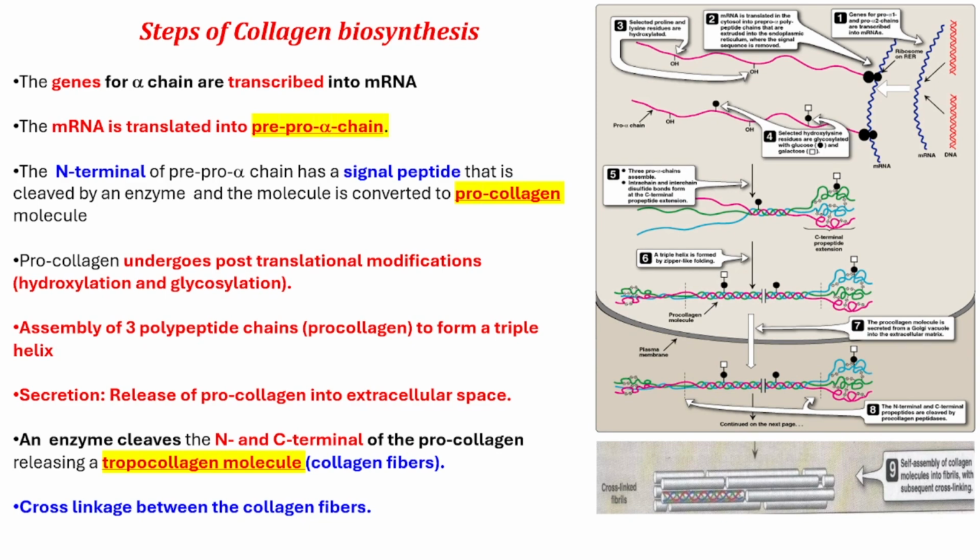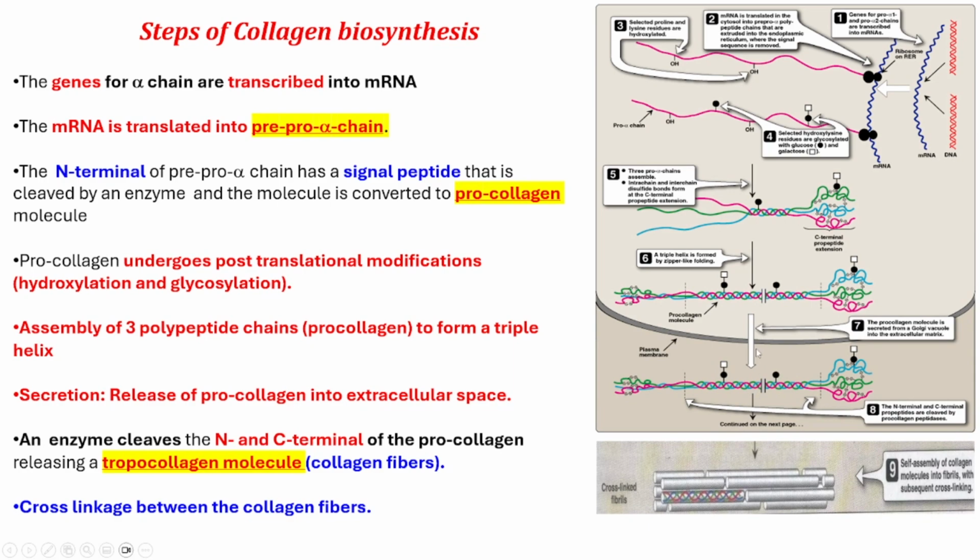Okay. Now, if I combine three of these, because collagen is composed of 3 chains, I take these 3 and combine them into a triple helix. So this forms the pro-collagen, and this pro-collagen will be excreted outside of the cell.